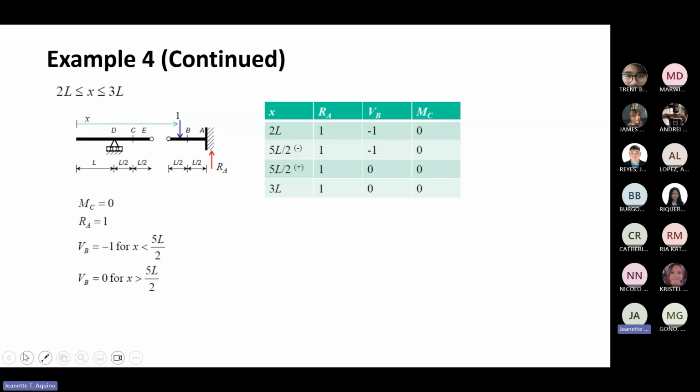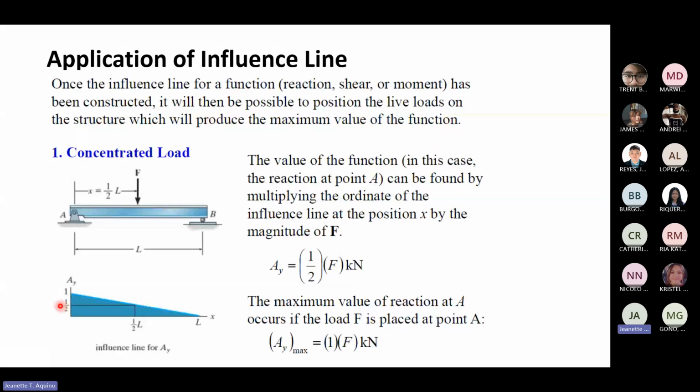Once the influence line for a function, such as a reaction, shear, or moment, has been constructed, which is what we did earlier for simply supported beams, we are able to position the load and find the value of the function.